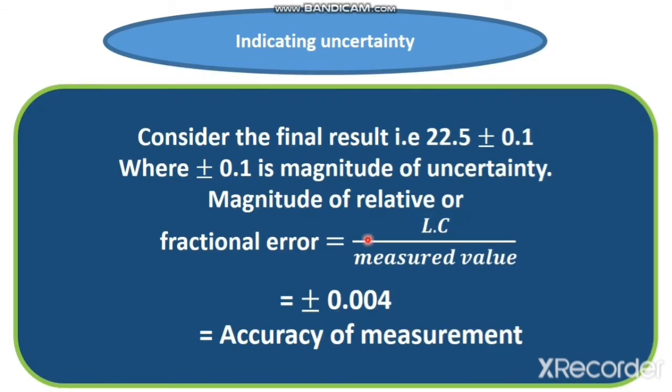So the magnitude of relative or fractional error can be calculated by using the formula least count divided by measured value. Least count is 0.1 and the measured value is 22.5. So 0.1 divided by 22.5 is 0.004. It is equal to the accuracy of the measurement.